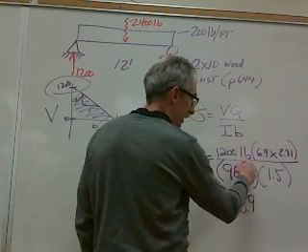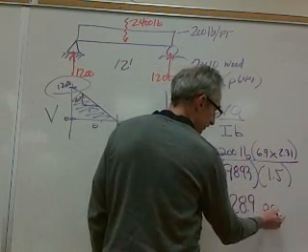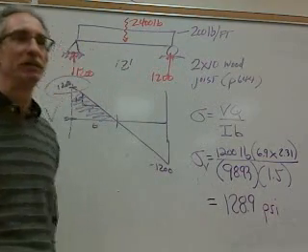The units would be pounds per square inch. Did you get 128.9? All right.